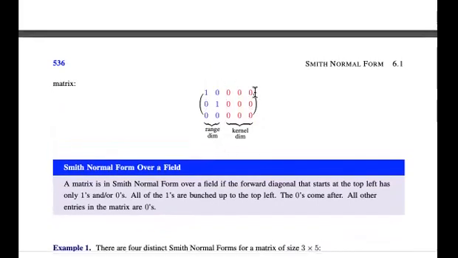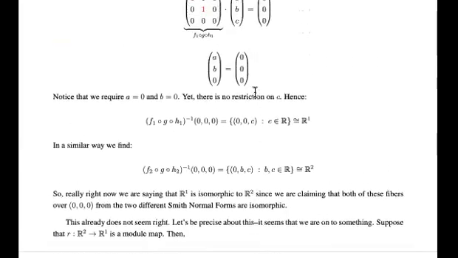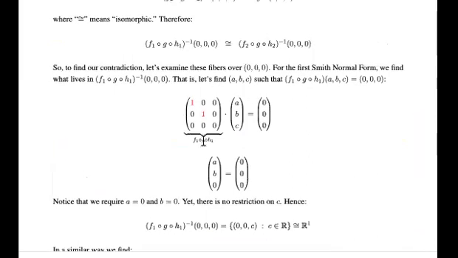In fact, just as we made this computation up here in the last subsection, when we were finding the preimage of 0, we were figuring out everything in the domain that gives us a 0, and we noticed that A and B are necessarily 0 here, but C could be anything you wanted.